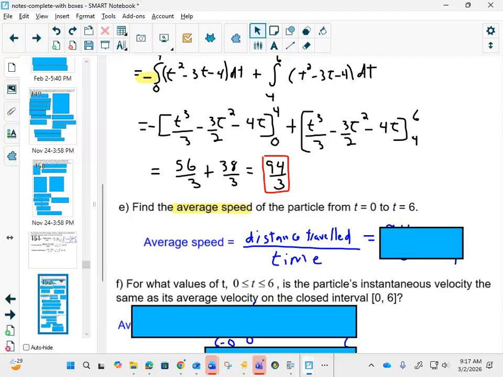Average velocity would be displacement over time. Do we know the distance? Yes, we figured that out to be 94/3. Do we have the time? It's 6. You don't need your fancy integral formula here because we already know the distance traveled. Time is really easy to figure out as well.